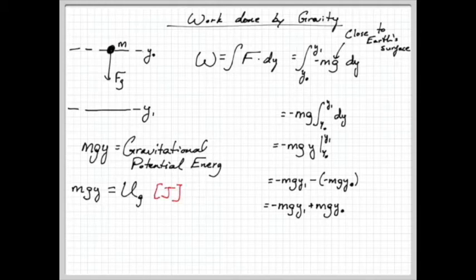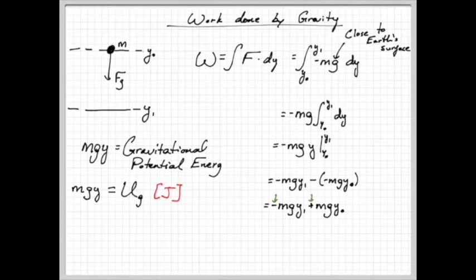So what we find is the work done by gravity. Notice, to calculate a change in something, it's final minus initial. But when we look at our expression, we didn't get final minus initial, we got negative final plus initial. So what does that mean?